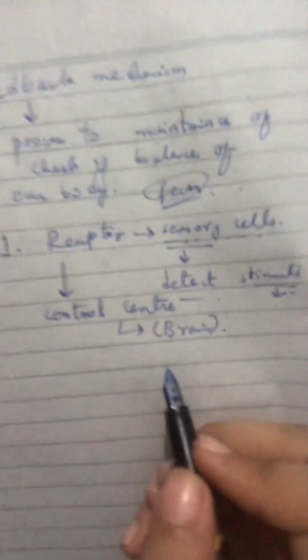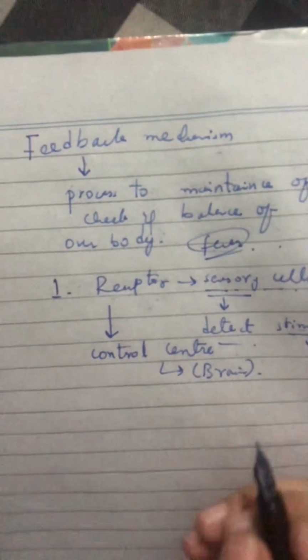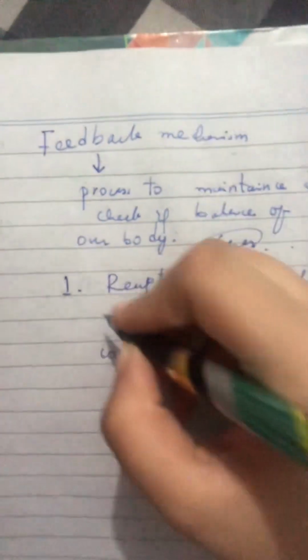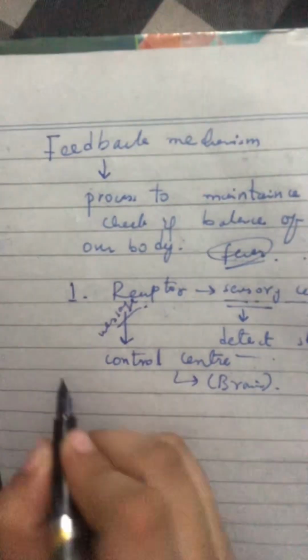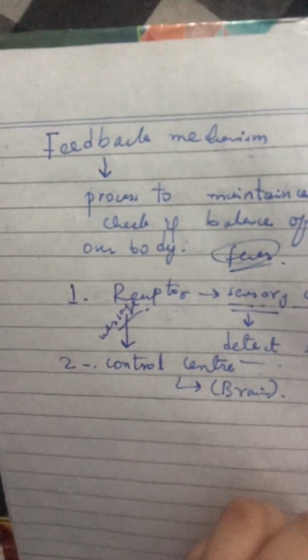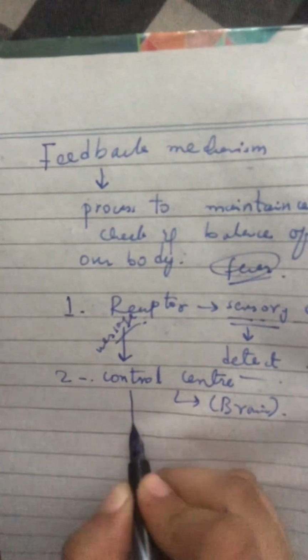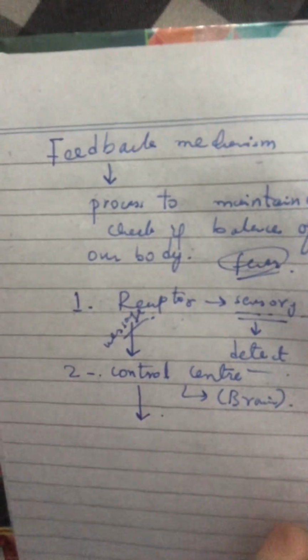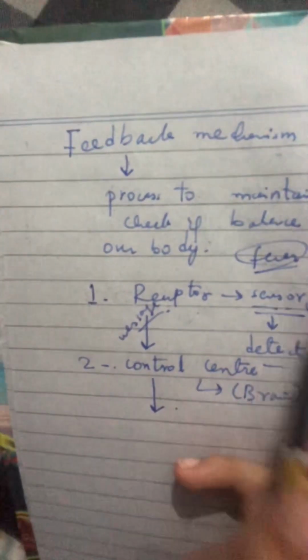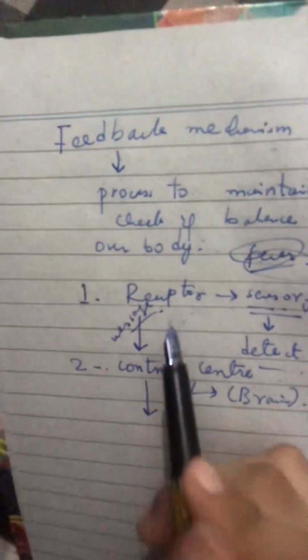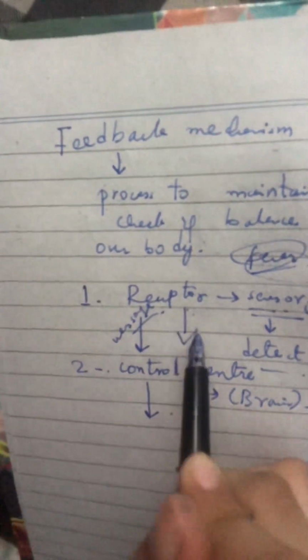So now what will the brain do? The receptor has conveyed the message to the control center, so the control center is the second organ that is involved. For example, as I said, a person has a fever, sensory cells detect that, and they convey that message to the control center.